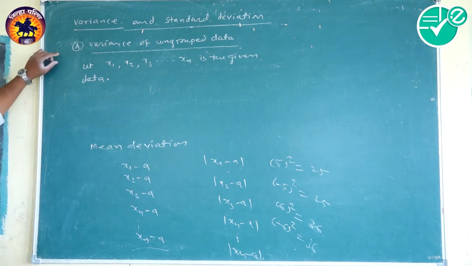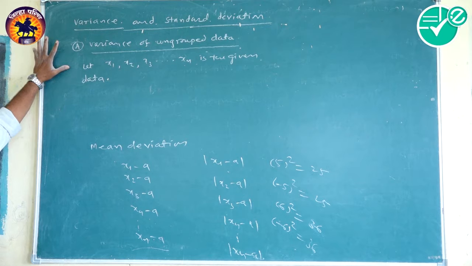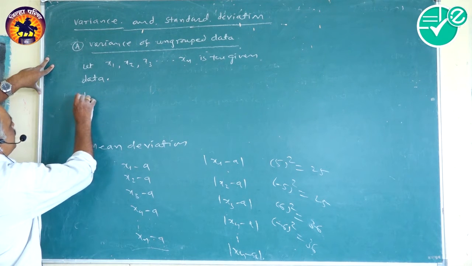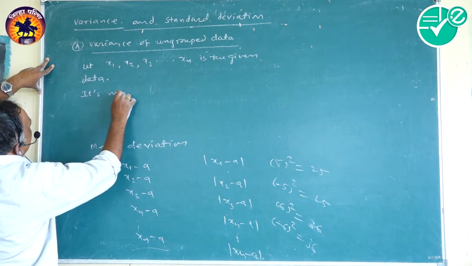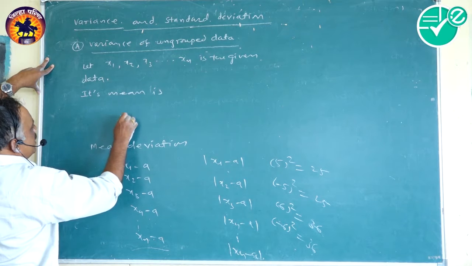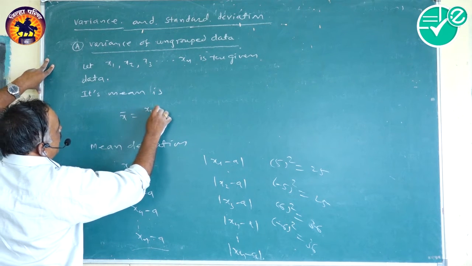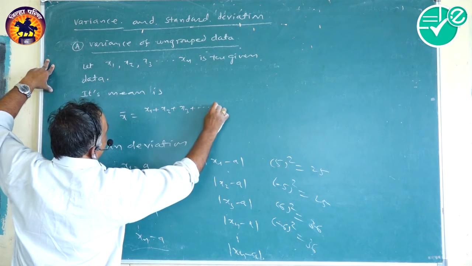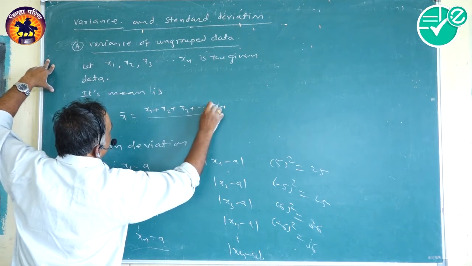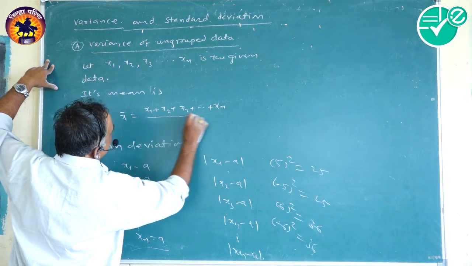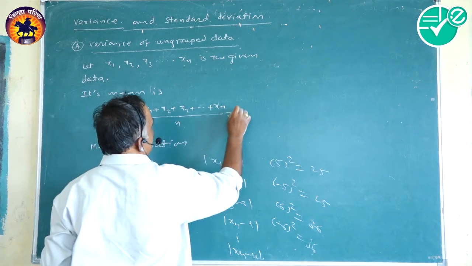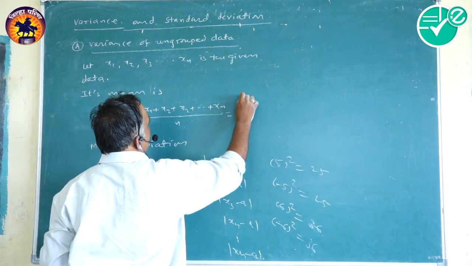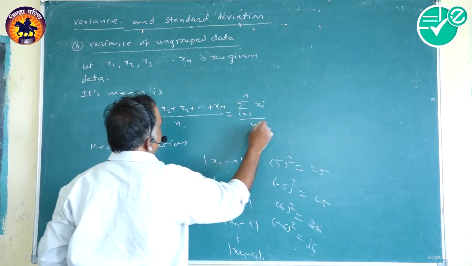As I told you, variance and standard deviation are obtained about the mean only. Very first I will have to find its mean. Its mean, x bar, is equal to x1 plus x2 plus x3 plus dot dot up to xn, and this whole thing divided by n. So that is equal to the sum from i equals 1 to n of xi, divided by n.